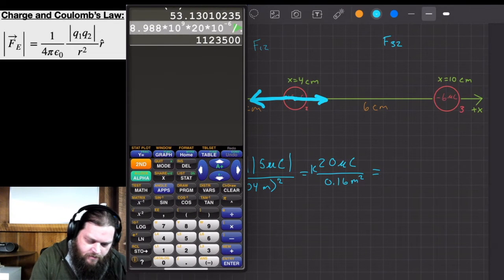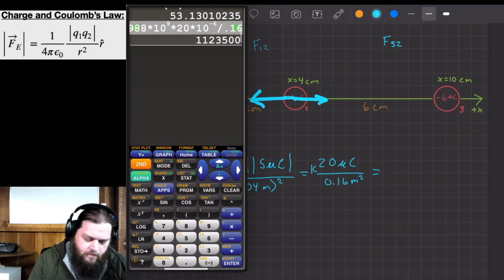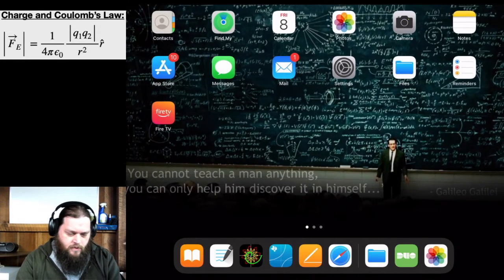That's a much different value than I got before. Something's not right. One second.